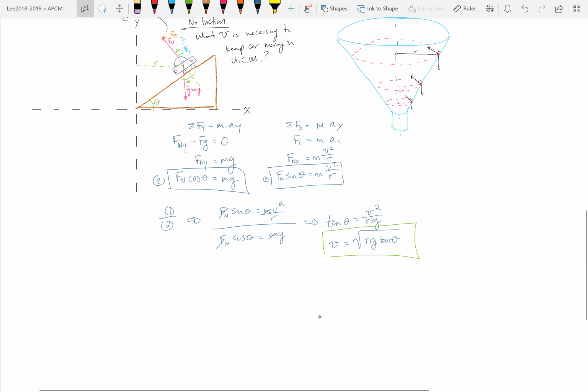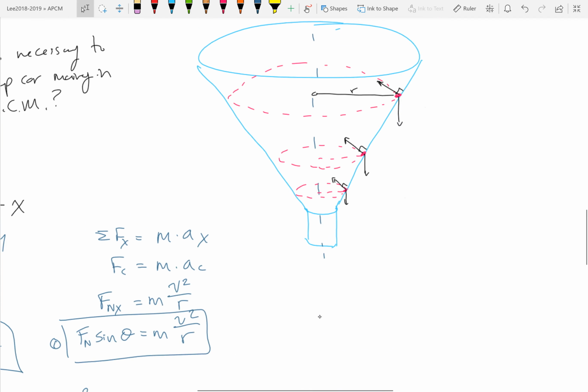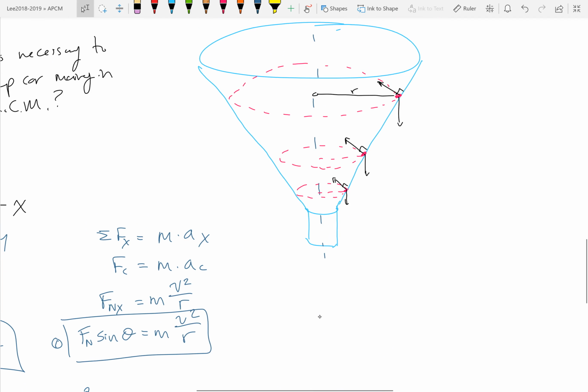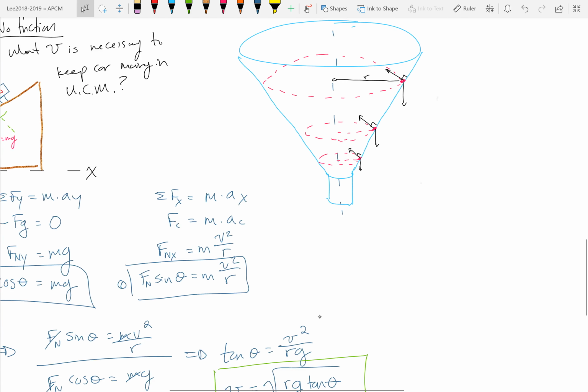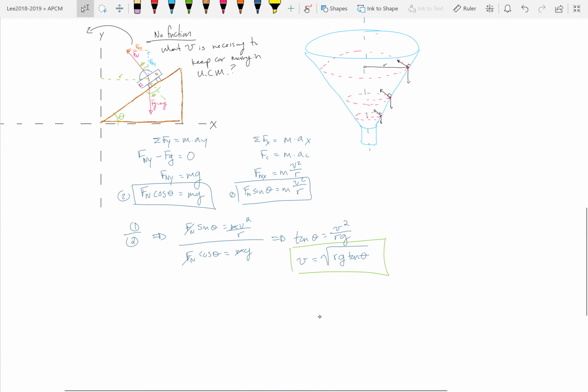That's the velocity I need to maintain that value. So let's go back to my funnel, for example. The angle is the same angle the whole time throughout the entire funnel. As you get closer and closer to the bottom of the funnel, your radial distance is getting smaller and smaller and smaller.